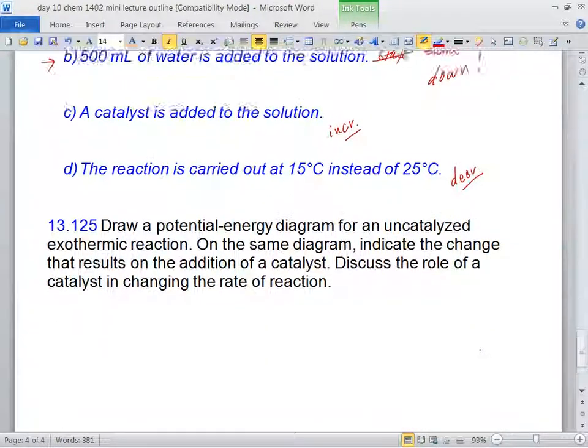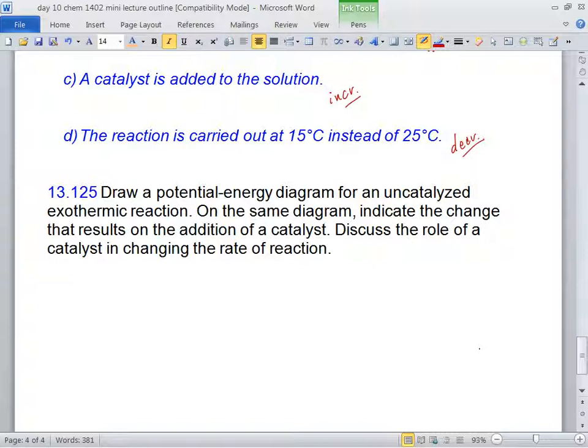Okay, only one last question. Draw a potential energy diagram for an uncatalyzed exothermic reaction, and then do something on your plot that shows the addition of a catalyst. I think we answered that at the beginning of class, right, Cameron? Yes. So what are your axes? What's your y and your x axis?